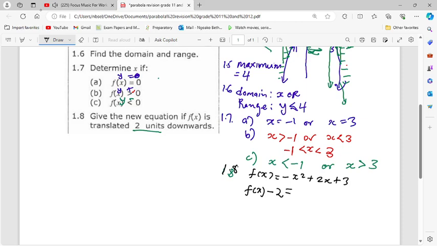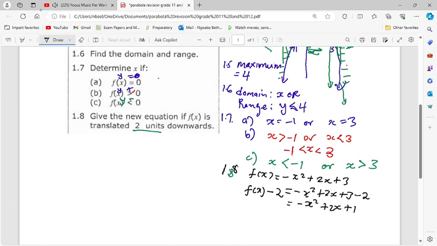So f of x is minus x squared plus 2x plus 3, then we say minus 2. So now f of x minus 2 will have minus x squared plus 2x, and what we have here is plus 1.